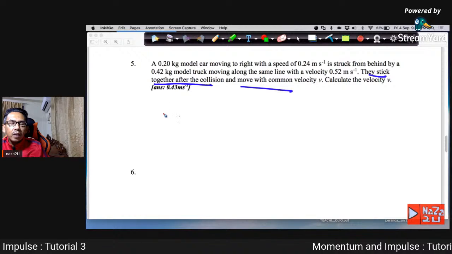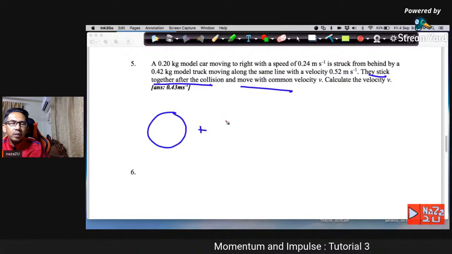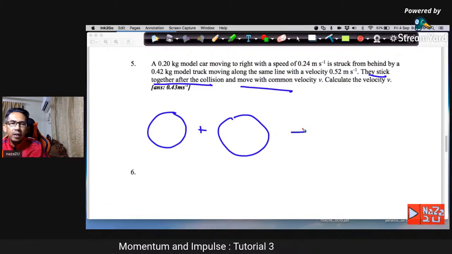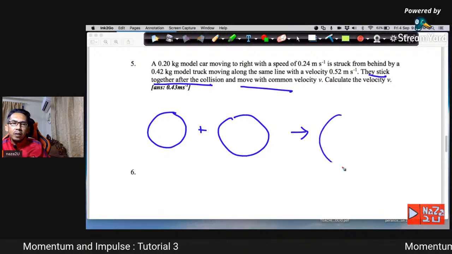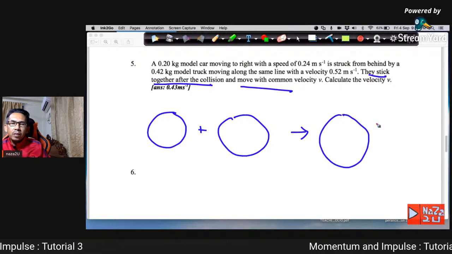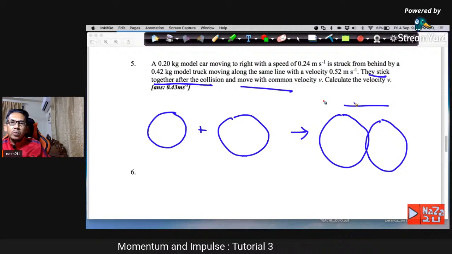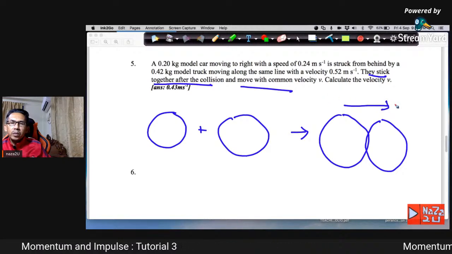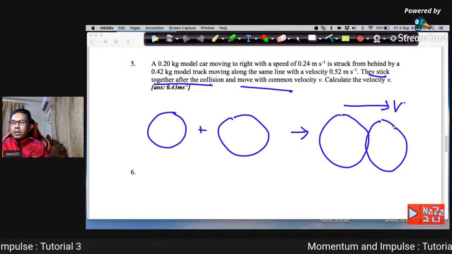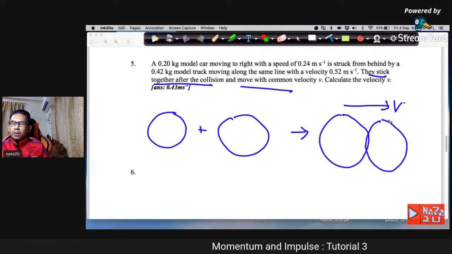So meaning here we have an inelastic collision. So two objects collide, and after collision we have the objects stick together, okay, dia melekat dan bergerak dengan satu halaju v.